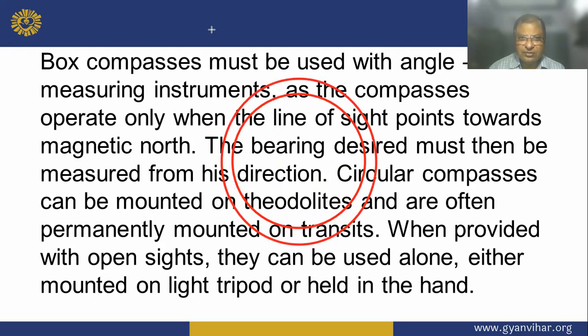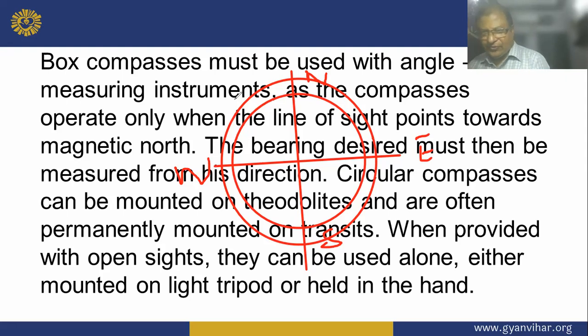So this is north, south, east, west. We have found the four directions. Another: this is northeast.